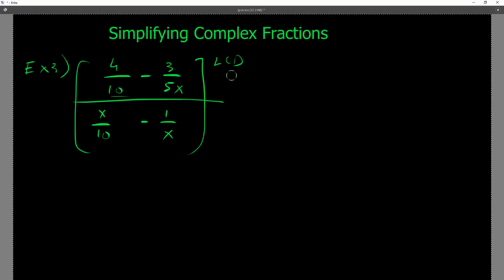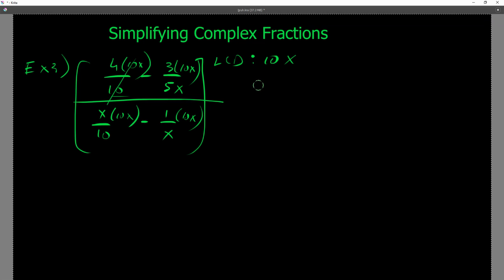What's the least common multiple? 10, right? And then look at x and x. What's the least common multiple? Just x. So if I have 10x, it should cover all of these, right? It covers this, it covers this, it covers this, and it covers this. See? It cancels out the x.